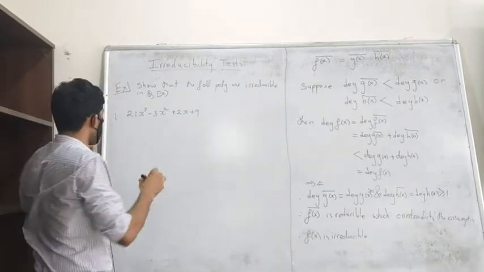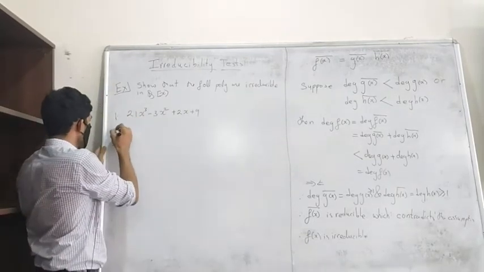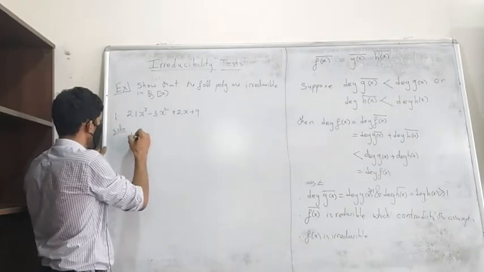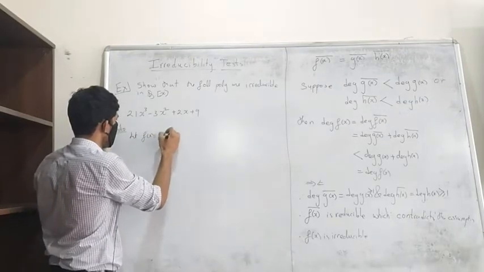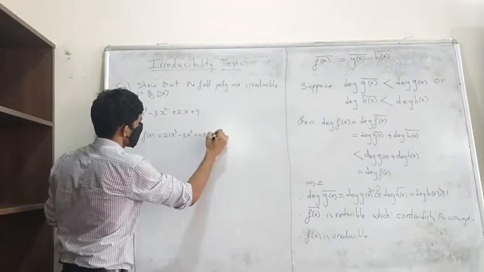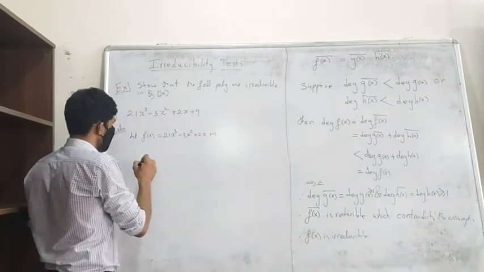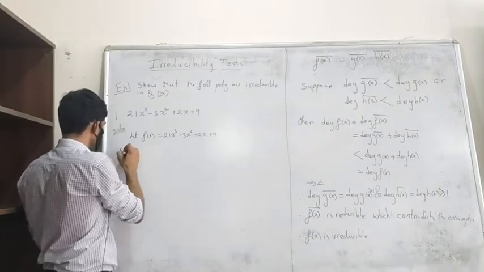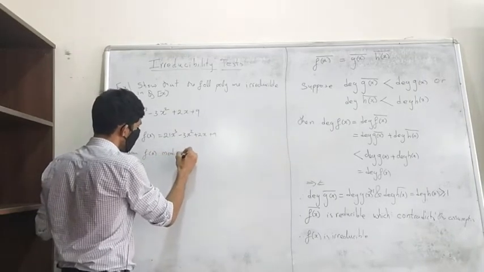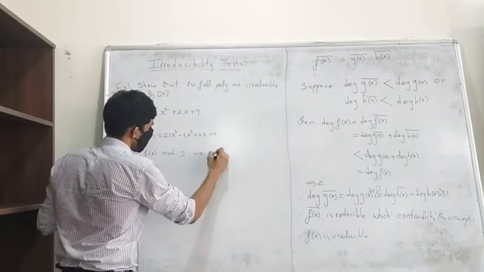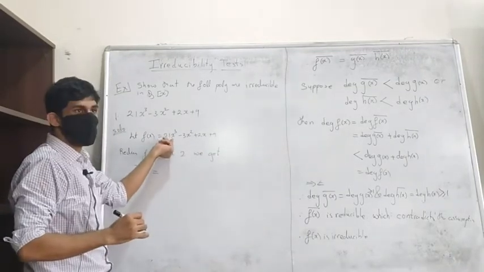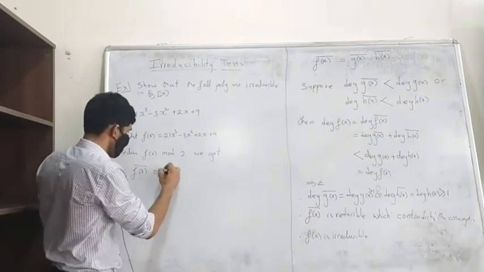So going modulo 2, what we have is, you take f of x to be 21x cube minus 3x square. Okay, so reducing f of x modulo 2, we get f of x bar equals, what do we get? 21 will be 1, right, x cube.